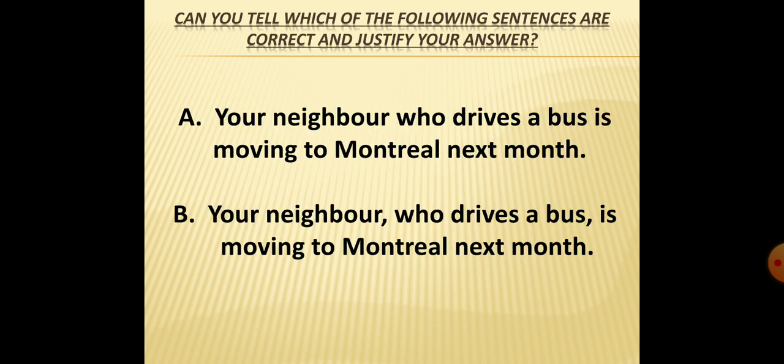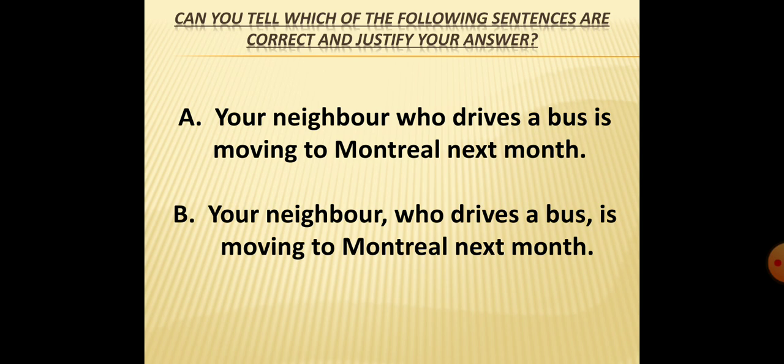Let's move to the next one. Your neighbor who drives a bus is moving to Montreal next month. Montreal, as you know, is a city in Canada. So which one of them is correct? Is it A or B?